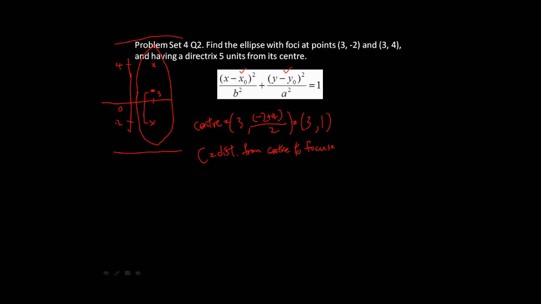So it can be given by, say, the absolute value of 1 minus 2. So that gives us 3. Okay, so we have C right now.